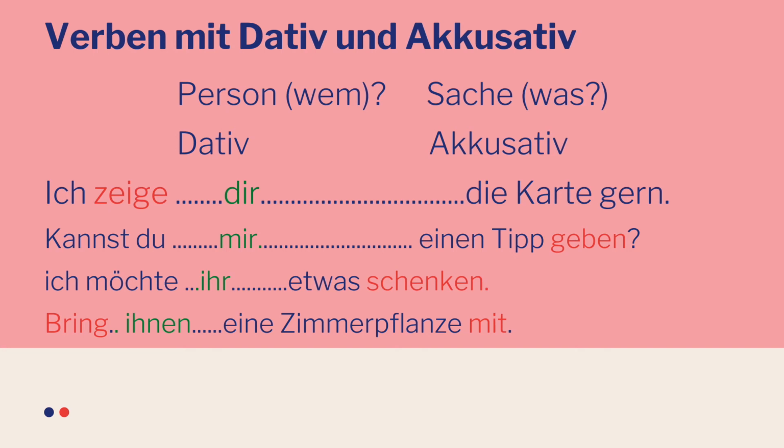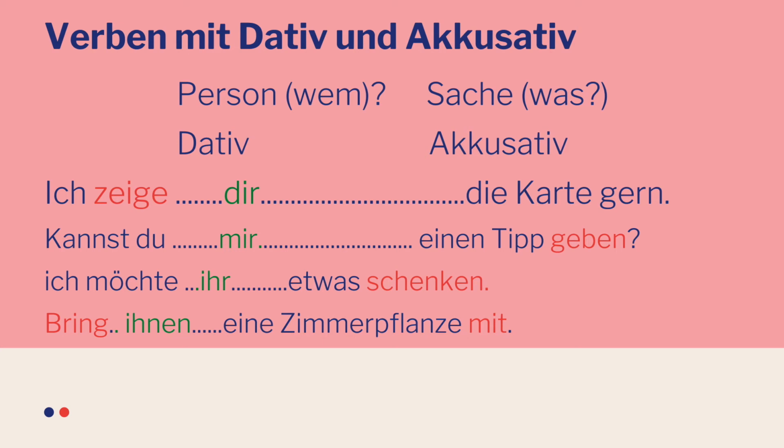In the second sentence, kannst du mir einen Tipp geben, which means could you give me a tip? So mir is dative here, and einen Tipp is accusative. The next one, ich möchte ihr etwas schenken. It means I would like to give her something.